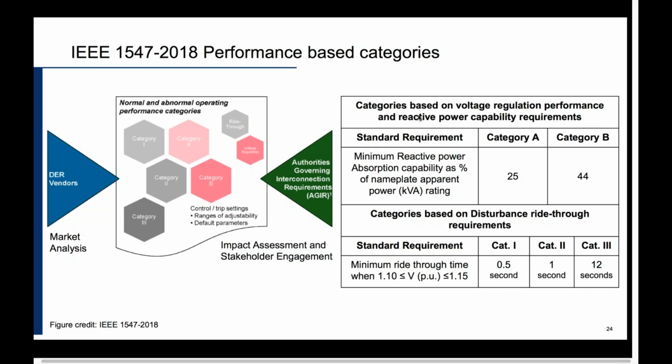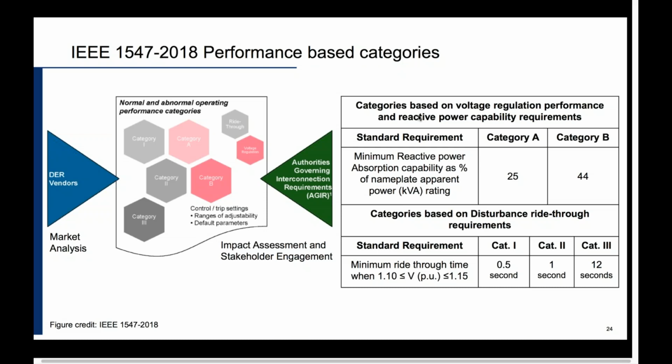There are quite a few things, but the main difference is the percentage of allowed reactive power. Category A is a little more conservative on how much reactive power should be limited to, because that in a way limits the active power curtailment on the inverter or the solar. Whereas category B is for those scenarios where there is high penetration of renewables, and that provides a higher limit on reactive power.